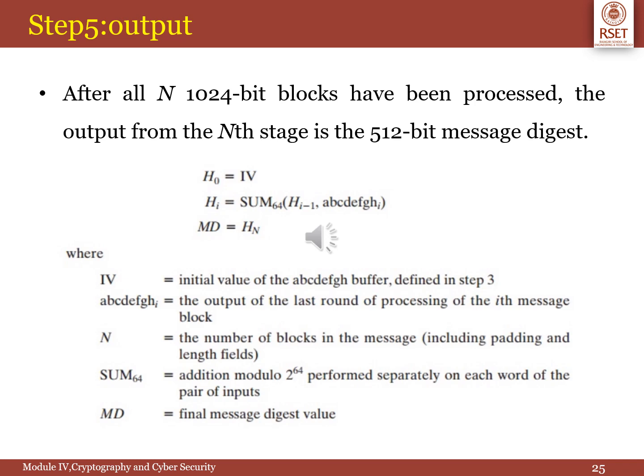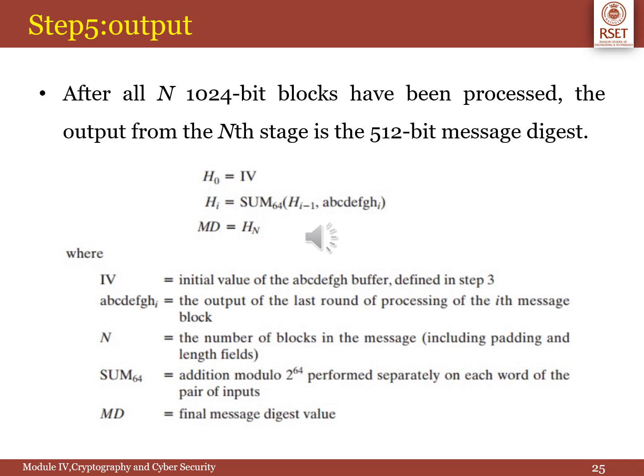We can summarize the behavior of SHA-512 as follows. H0 is equal to the initial value IV. Hi is equal to sum 64 of Hi minus 1 and the registers of Hi, as we have defined in the previous slide.